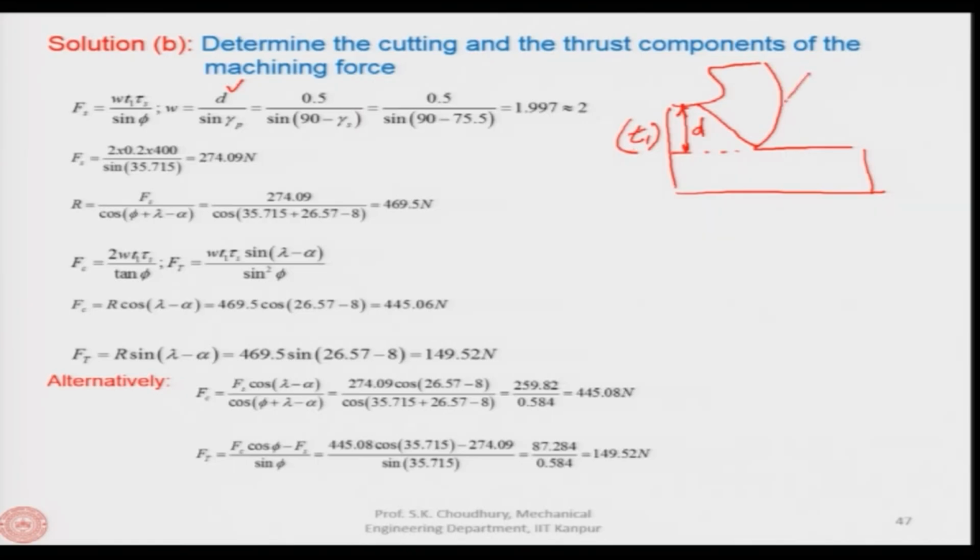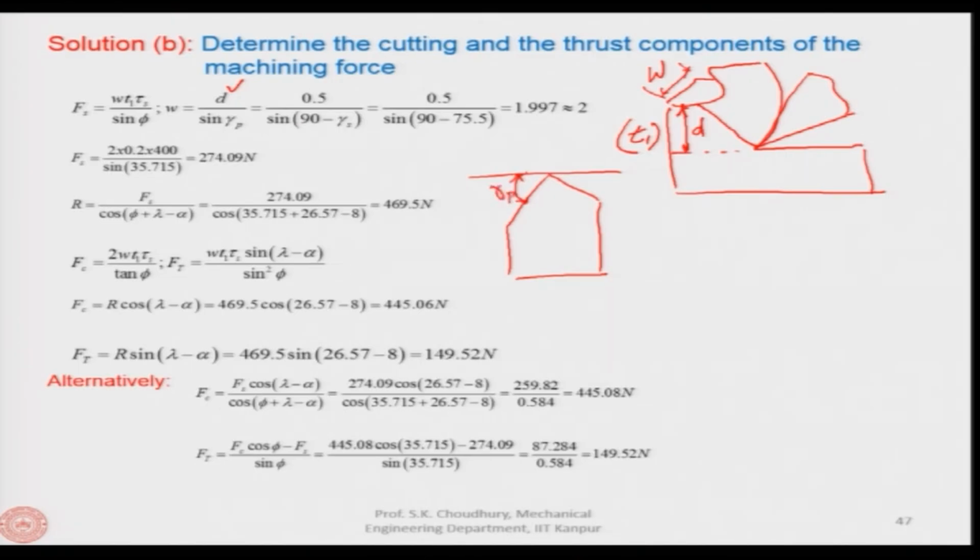This is the tool, and here the width would be the width of the material. So, W will be the depth of cut divided by sine of gamma p. Gamma p is the principal cutting edge angle, and if this is the tool, then this is the principal cutting edge and this is gamma p.